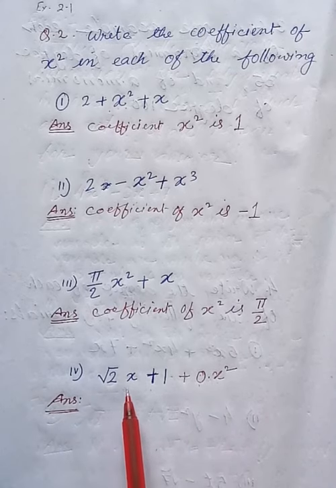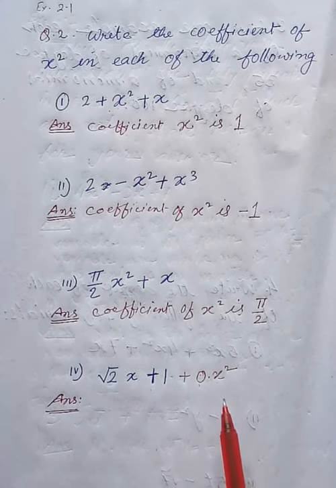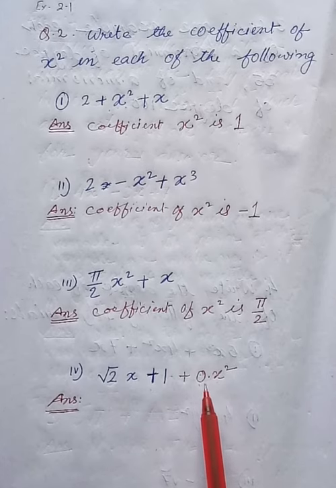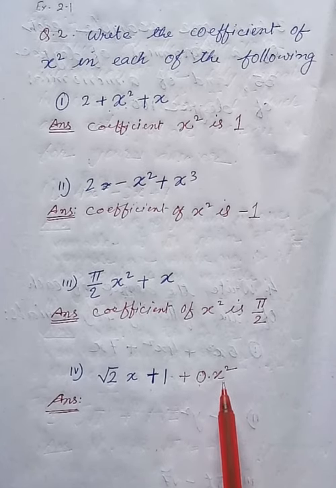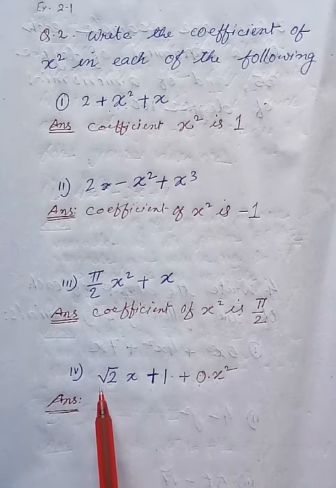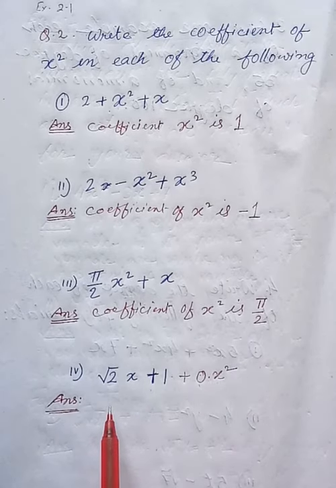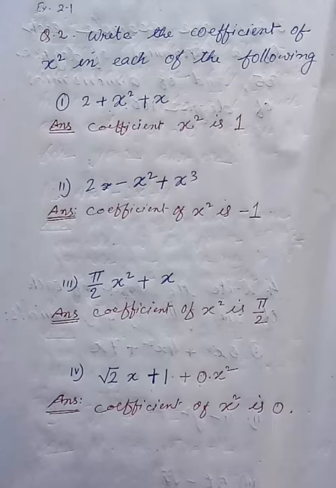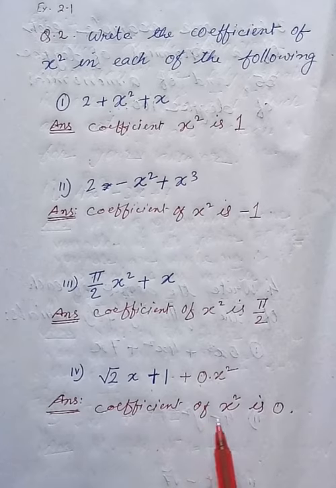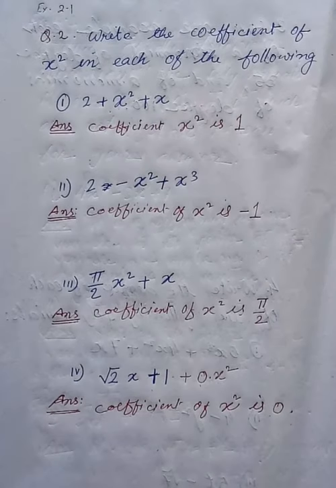So though the x square is not available here, we can imagine that here is 0 into x square, but it does not change the value of this expression. So here the coefficient of x square can be considered as 0. Hence it is written here: coefficient of x square is 0.